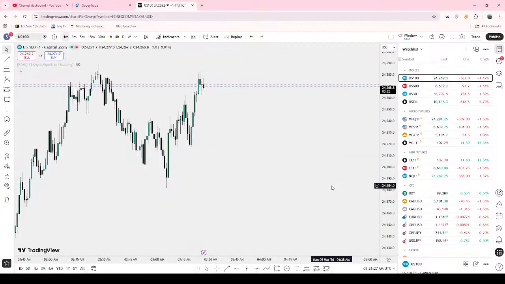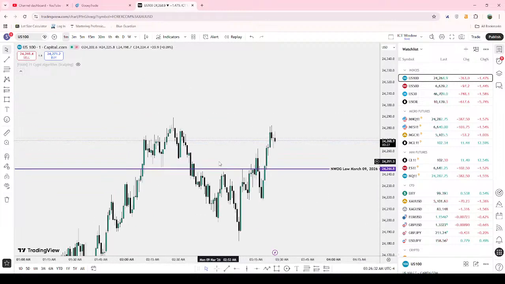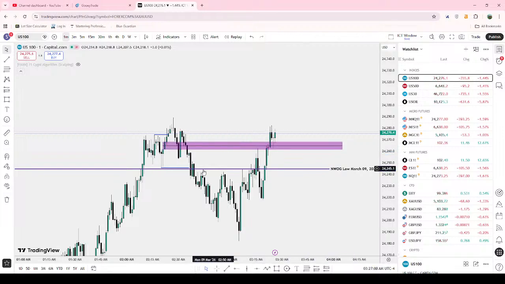Let's analyze US 100 and see if we can get any trades. We had a breaker. We had this inversion. We had this liquidity swipe, then change of structure, market structure shift. This was our breaker, and this fair value gap was our inversion fair value gap.